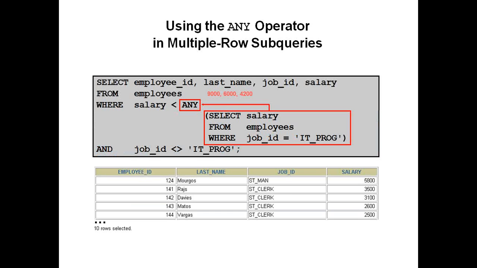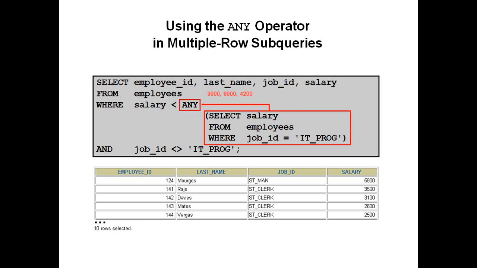So an example will be like this. Here in the subquery we are getting three different salary values, and in the main query we are saying where salary is less than any of these three values. Because we are using that ANY clause, our problem will be solved and we will not land up with an error.